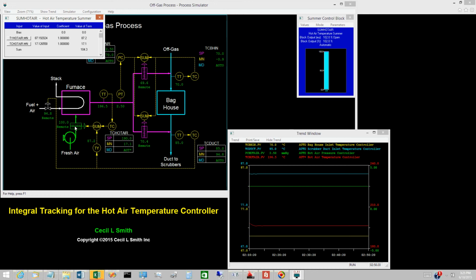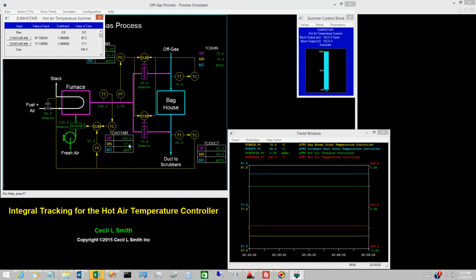The analog value for the integral tracking calculations is the current fresh air damper opening less the output of the characterization function. Subtracting 87.2% from 100% gives 12.8% for the analog value for integral tracking. Why is the controller output 17.1%?